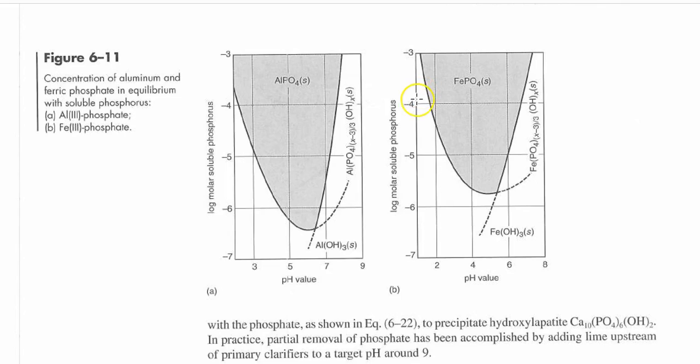But then immediately when it is mixed with the water, the pH of the wastewater, with its buffer, will be immediately brought into the range where iron phosphate is precipitated out as a solid. So that's what we're always aiming for, obtaining that with a minimum of chemical use and minimal mechanical complexity.